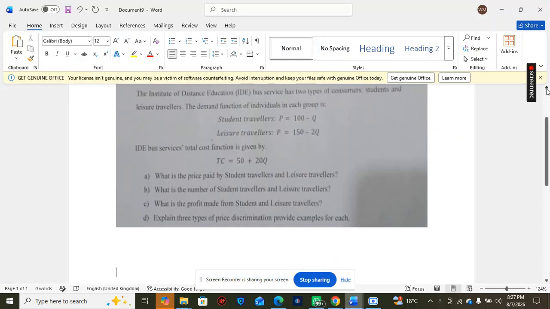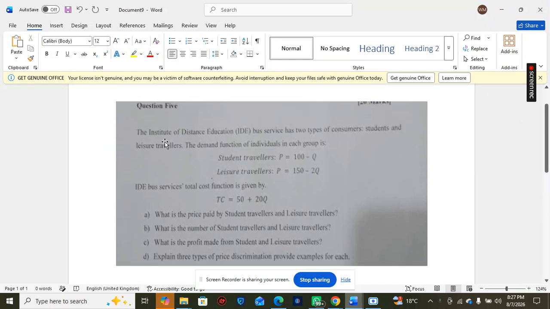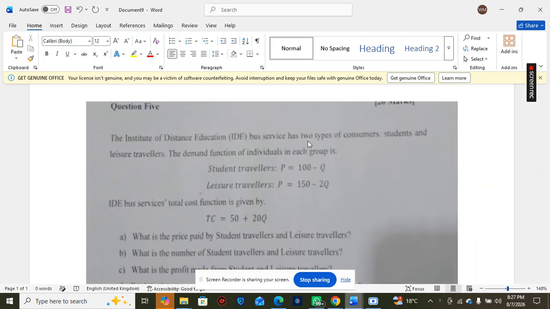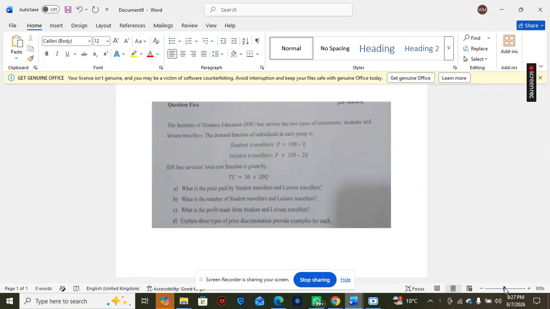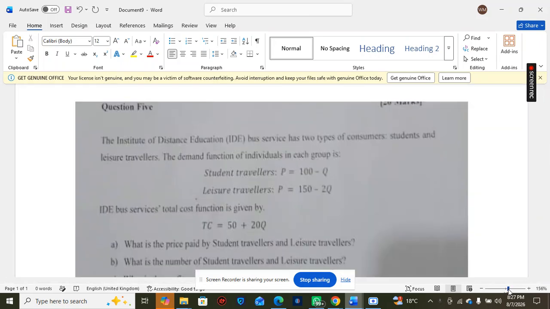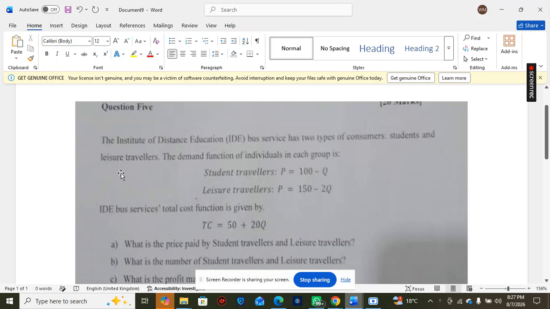Okay, so the question reads: the Institute of Distance Education (IDE) bus service has two types of customers, students and leisure travelers.